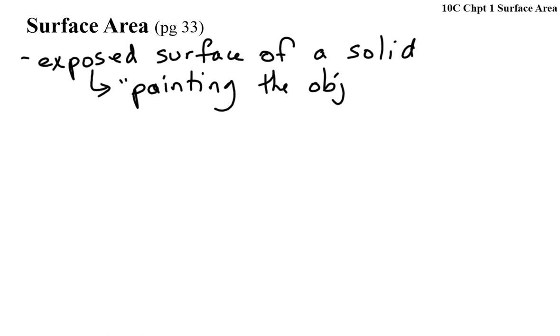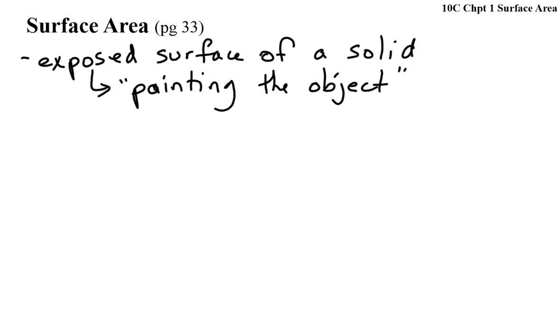If I have any kind of a solid, the surface area would be the amount of surface that would be painted if I were to paint the entire object. So if it's exposed, it would get paint on it. So that's what we're looking at with surface area.